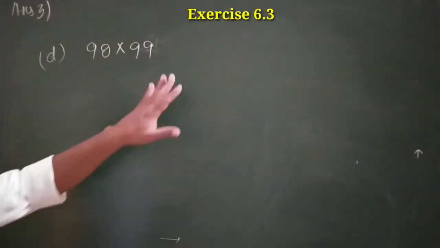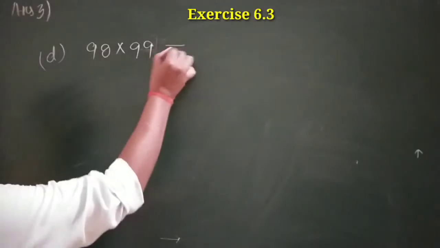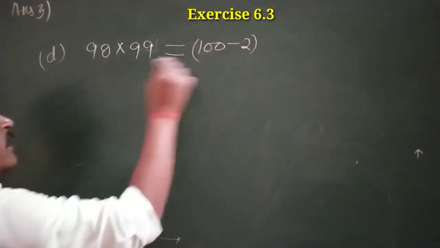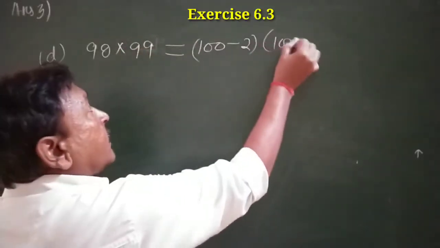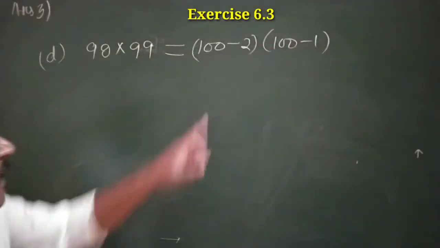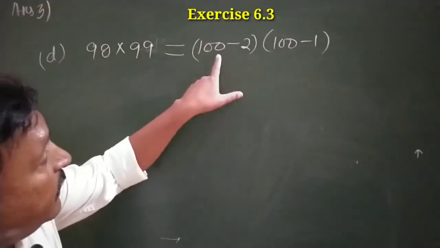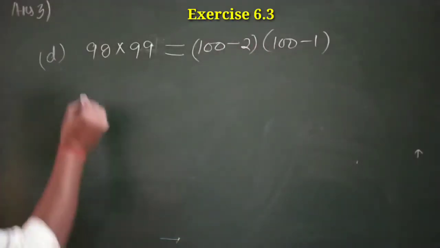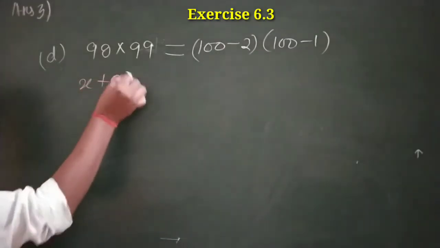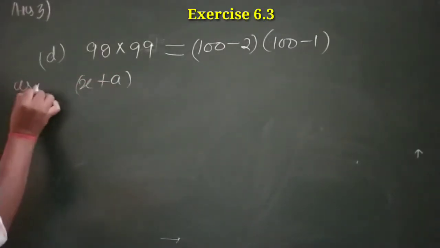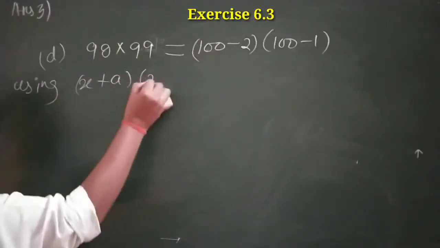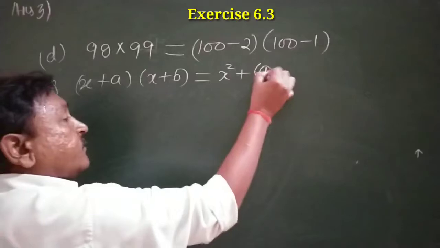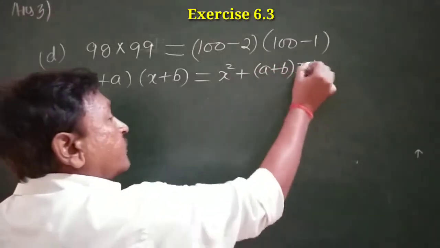Okay students, now see on the board part D. We have to convert 98; it will be 100 minus 2. 99 is also 100 minus 1. See, the first term is the same, but the second terms are not the same. It means we have to use the identity (x plus a)(x plus b) equals x square plus (a plus b)x plus ab.